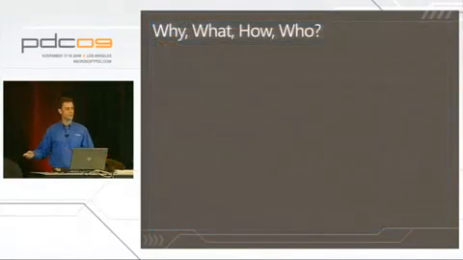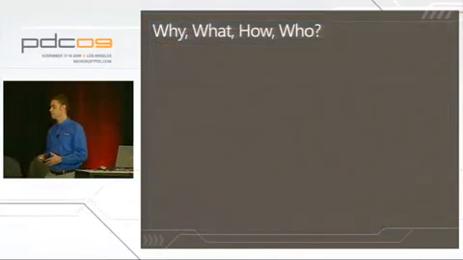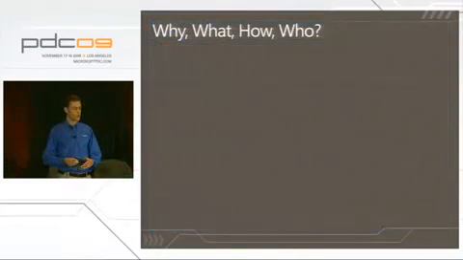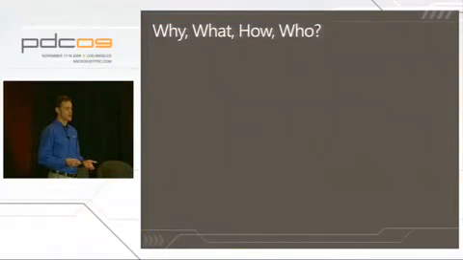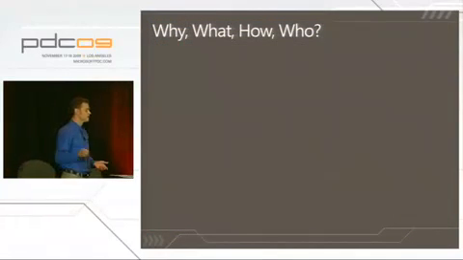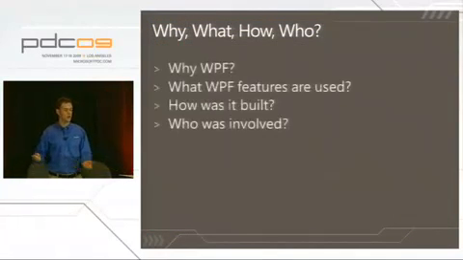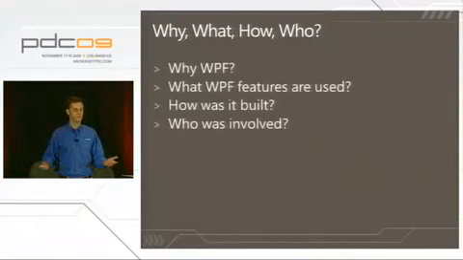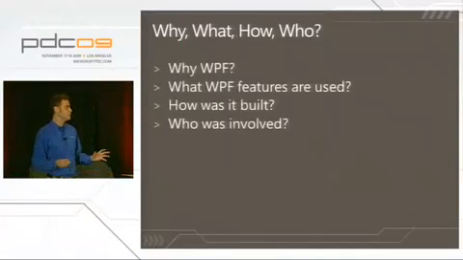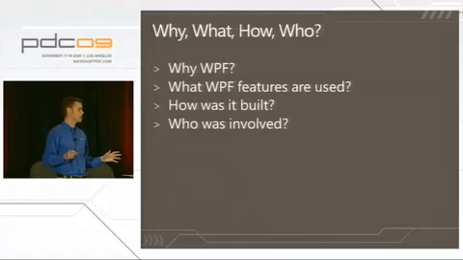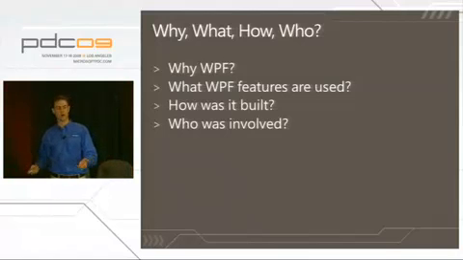So I'm going to frame my talk today by answering these 4 questions: the why, what, how, and who. Why did we choose WPF? What features did we use? And I'm going to spend most of the time here today focusing on the how, because that's what you're here to learn. And then I'll wrap up by talking about who on the team was involved.